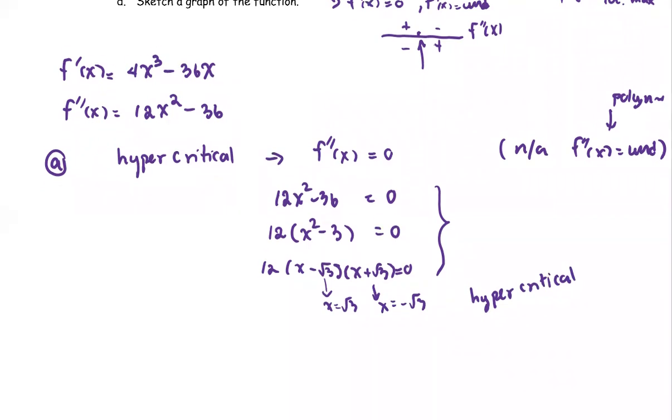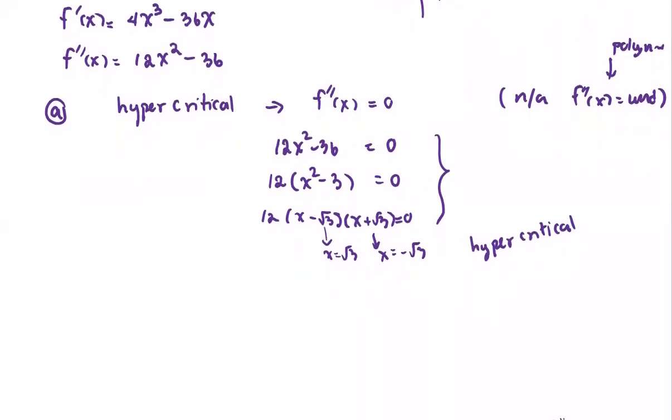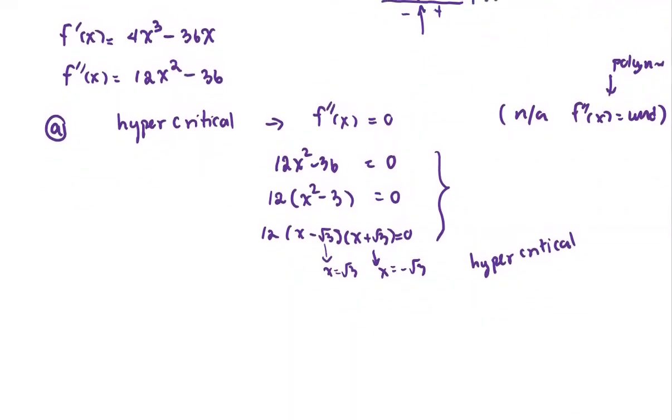Okay, and how do we use this to determine the intervals of concave up and concave down? We just draw the real number line for f double prime and locate those two points on the line, negative square root 3 and positive square root 3. I would recommend using the factor form here, because this is your f double prime.